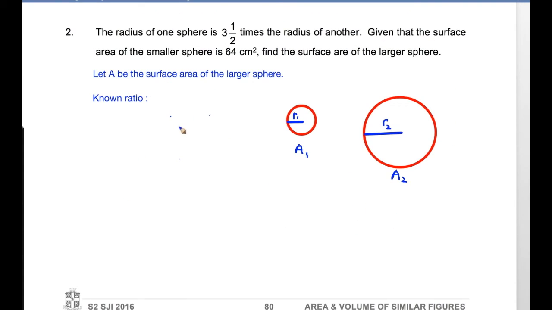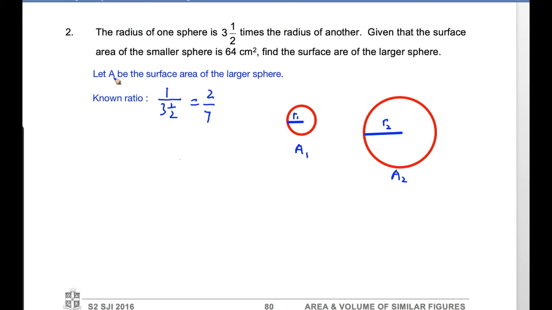In this sum, we are given two similar spheres, and the radius of one is 3.5 times the other. From here, we can get the known ratio, which is 1 is to 3.5, that is 2 over 7. Next, we want to find the surface area of the larger sphere.